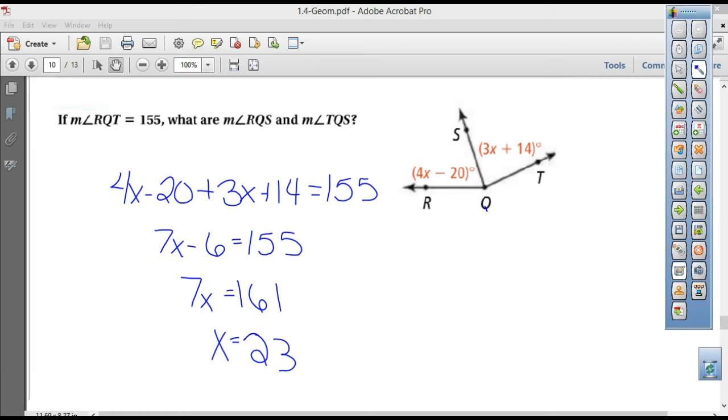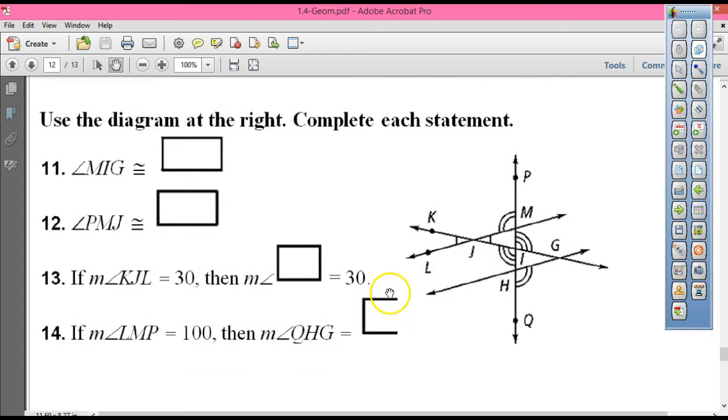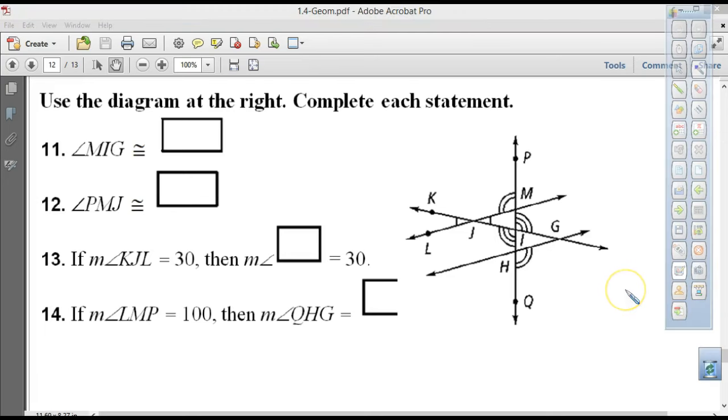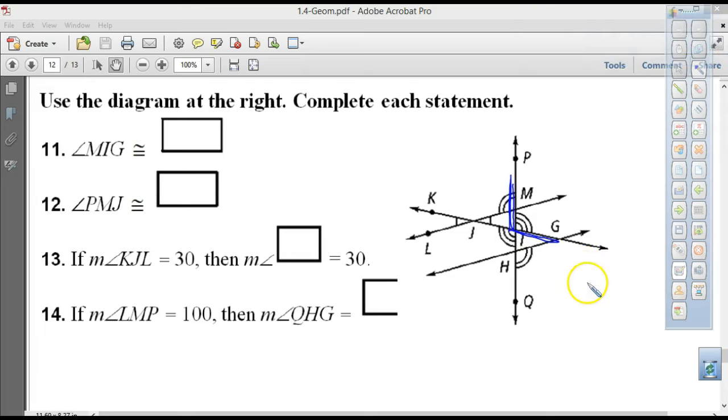And then we just have to talk a little bit about notation. So if I have this guy, M-I-G. So I'm going from M to I to G. How many little notations do they have on there? 3.